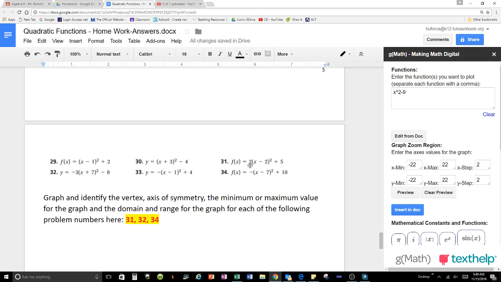Now we have a value that's in front of the parentheses, and we're combining things. Here we're going to shift the parabola to the right 2 units. We're going to move the parabola up 5 units on the y-axis. And this 2, it's a +2. So the parabola is going to open upward, and that 2 is going to stretch it up a little bit. Okay? So that's my prediction, and let's see what happens.